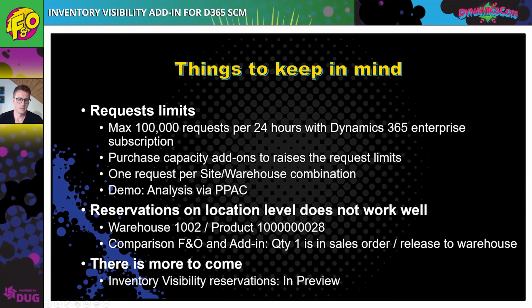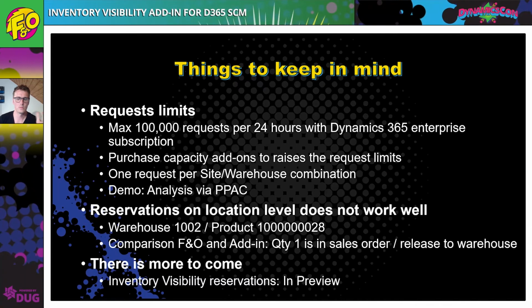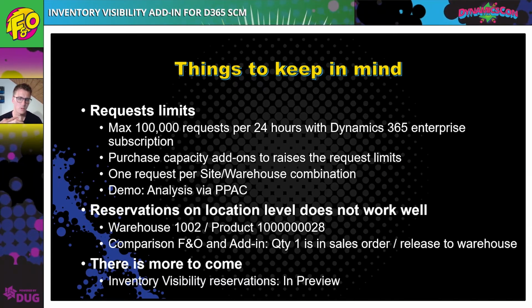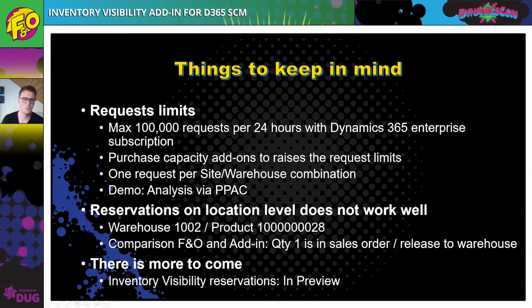The thing you need to keep in mind here is that if you use the OData data entity, you are able to query many site warehouse combinations. With the inventory visibility API, you have one API call per site warehouse combination.